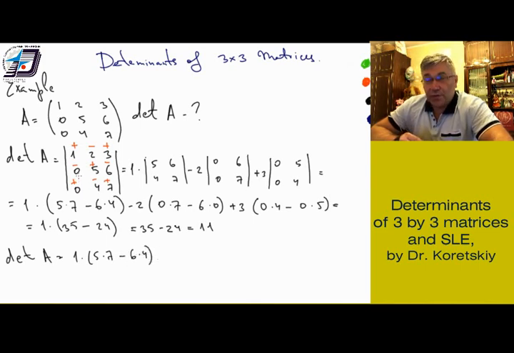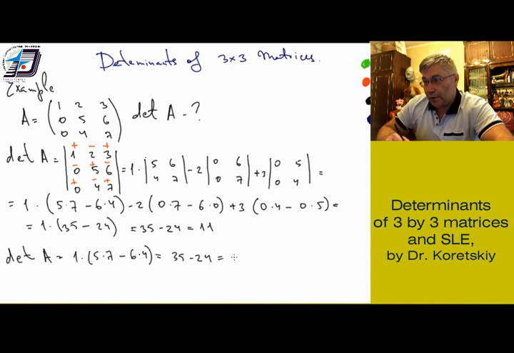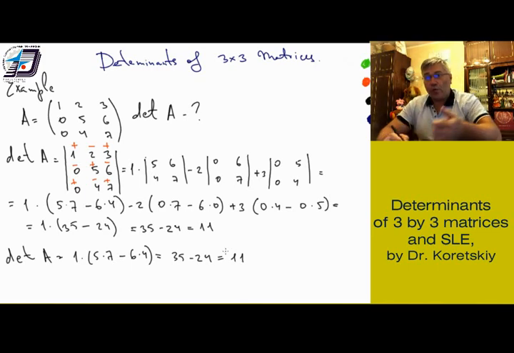Because the other elements are 0, all of these terms are zeros, and I have only one action here. I have 35 minus 24, and it is 11. So here I have 3 lines of calculation, and for this approach we have just one line, one term, and we have the answer 11.